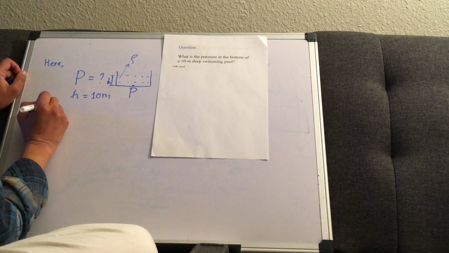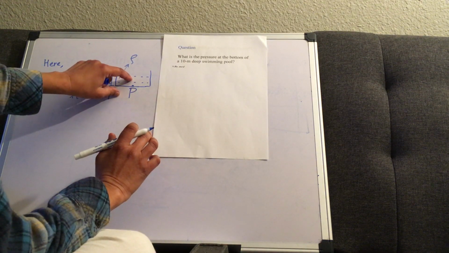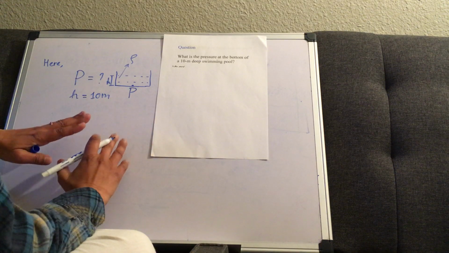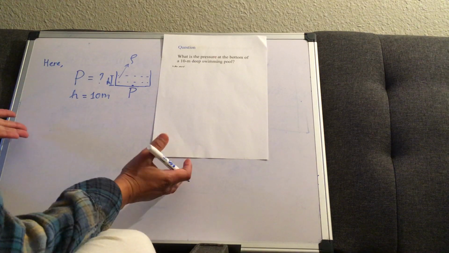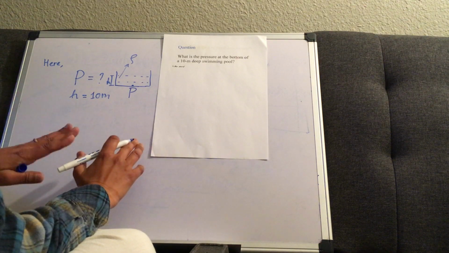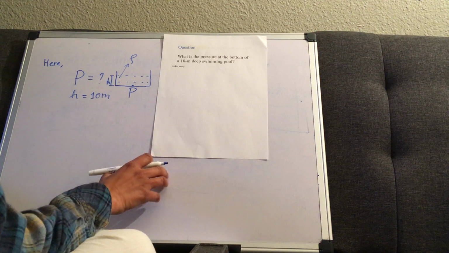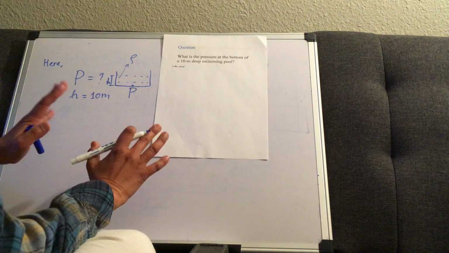Now first of all, let's look at this liquid, this water. Is it moving? No. What does that tell us? If it is not moving, then it is the case of hydrostatic condition, or this water is at equilibrium.